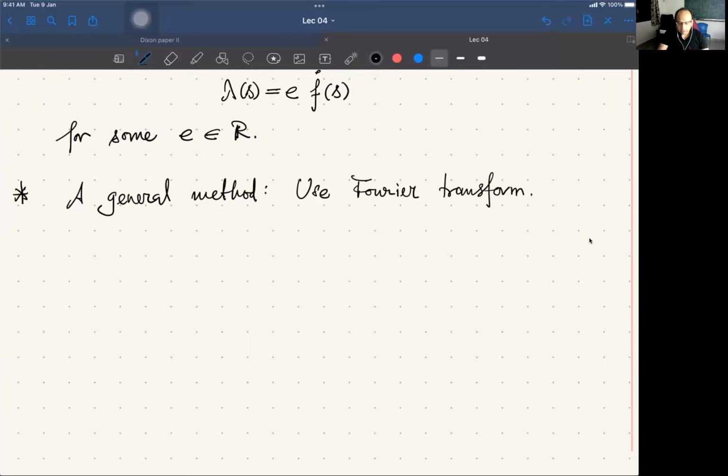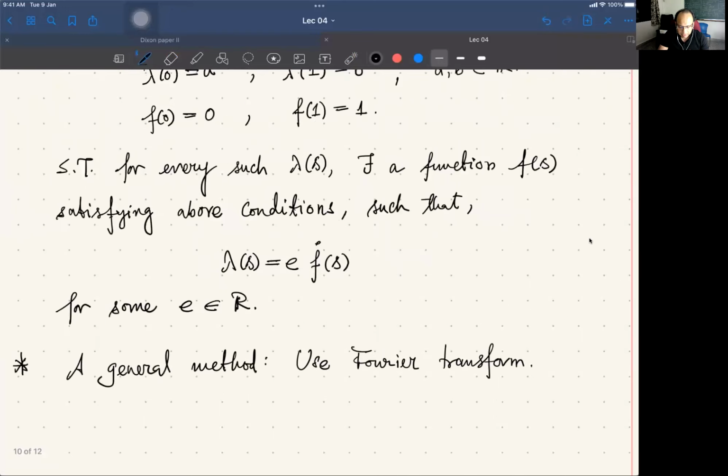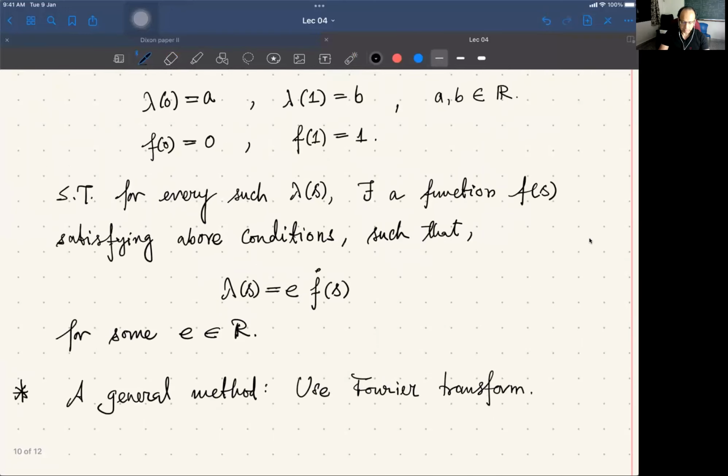However, none of these functions, lambda and f, is periodic, and Fourier transform is usually done for a periodic function. Lambda satisfies boundary conditions A and B. F satisfies boundary conditions 0 and 1. The Fourier transform of such functions is not straightforward.